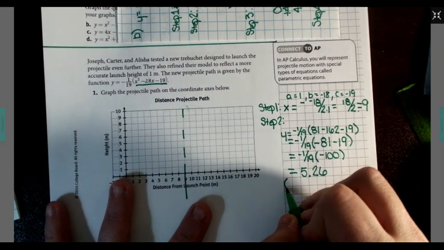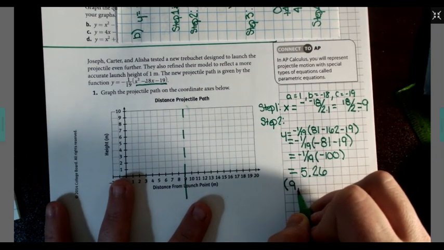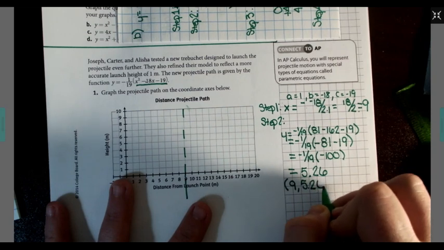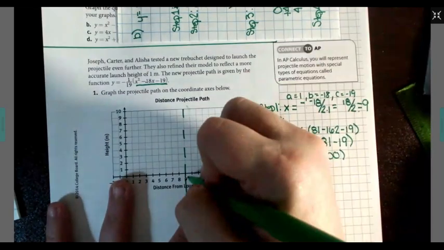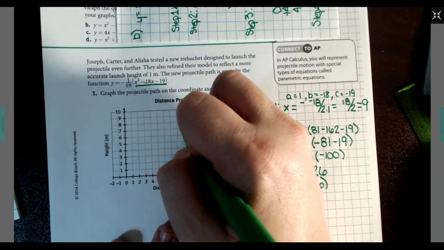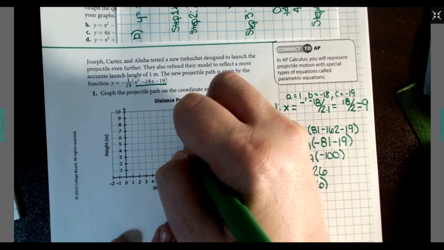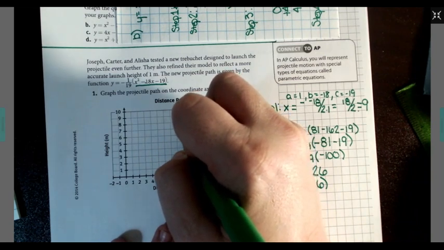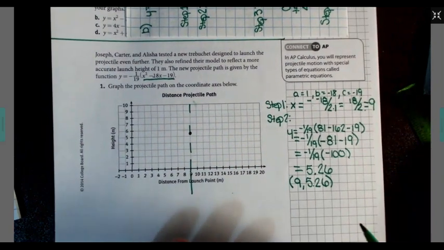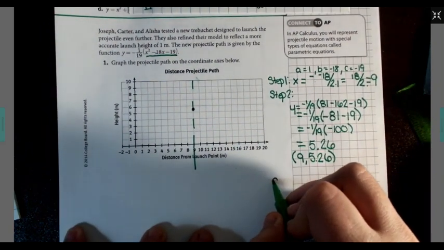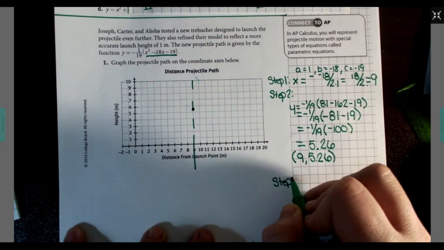Okay, so this vertex is 9, 5.26 something. So at 9, we're going to go up to about 5.26, so 5 1/4-ish.